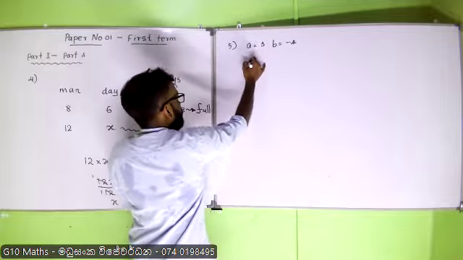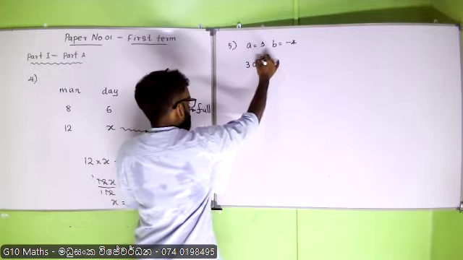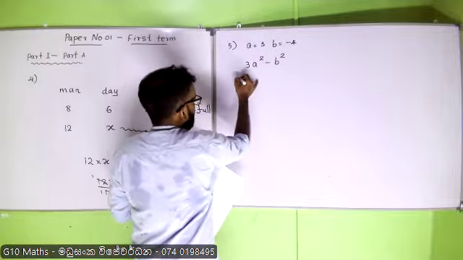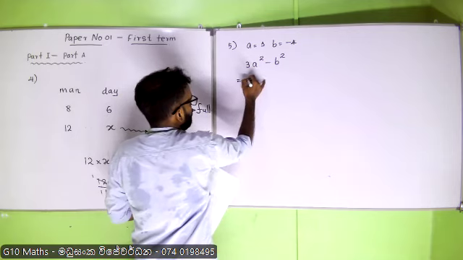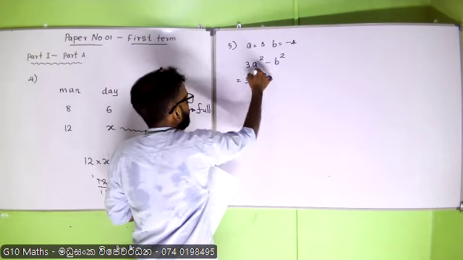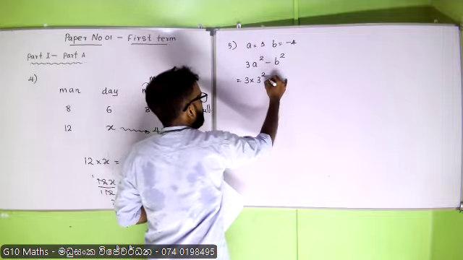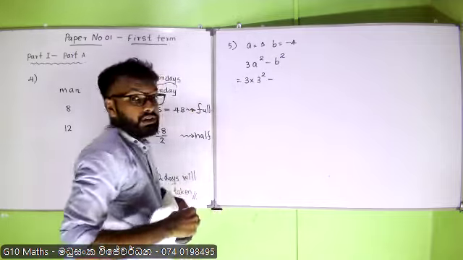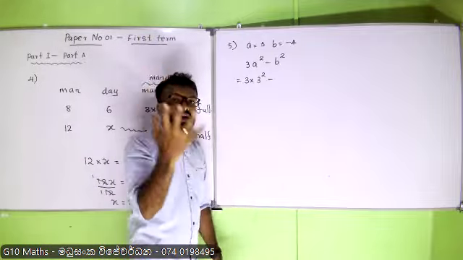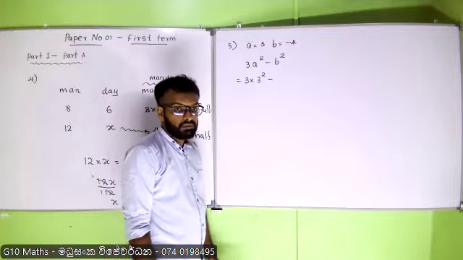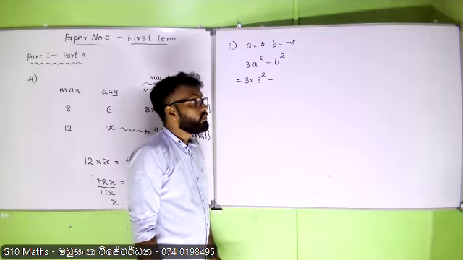We have to find the value of 3a squared minus b squared. I am going to substitute. 3 multiplied by a squared means 3 to the power 2. Minus. In this kind of situation, you people get most of the answers wrong when you are substituting negative values.